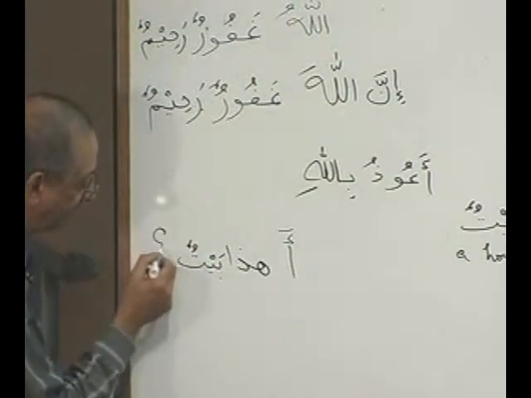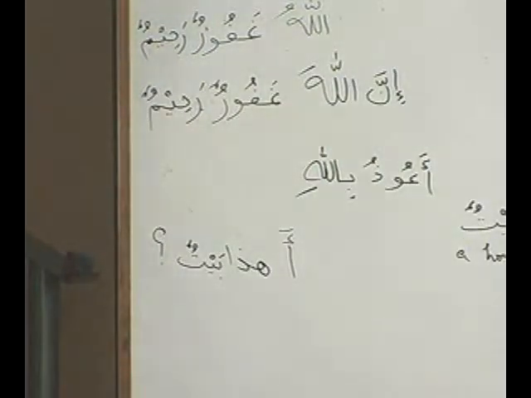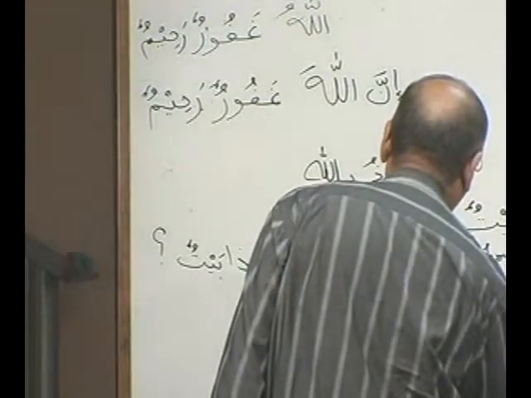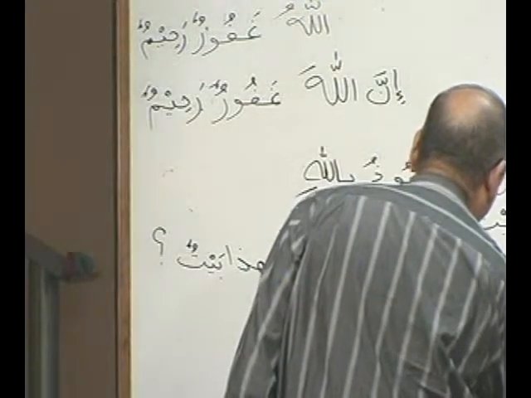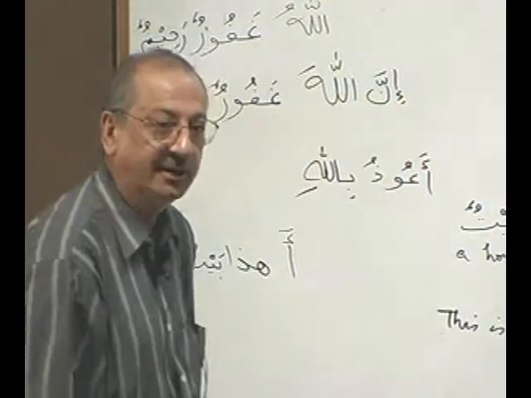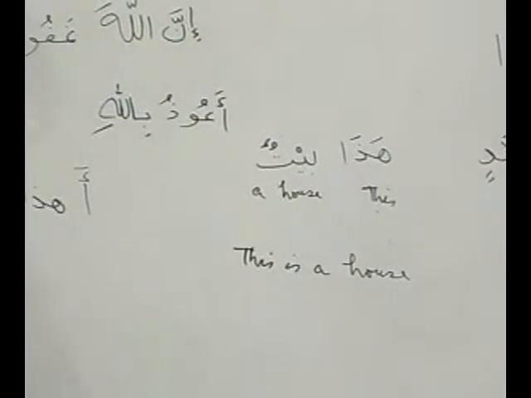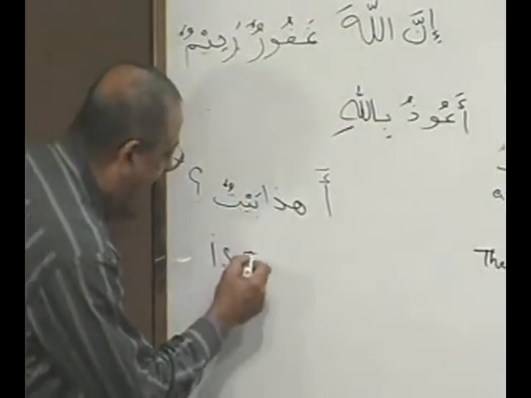But then you will have to put a question mark, and you have to even change your tone. Hadha baitun, no, you're asking a question, so your tone has changed. Let me write it down properly. This is a house. Okay, brother and sister, this is a house. How about here? Is this a house?